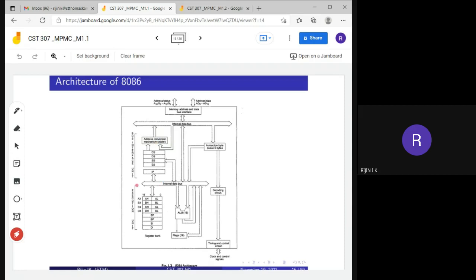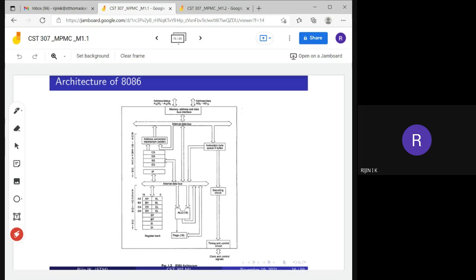Then the next important functional unit is the execution unit. We can see what the important functions in the execution unit are. The execution unit will execute the instructions from the bus interface unit.